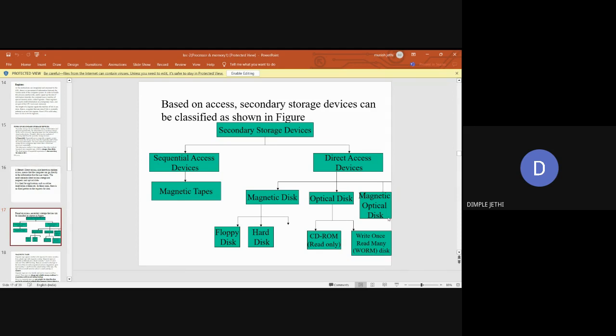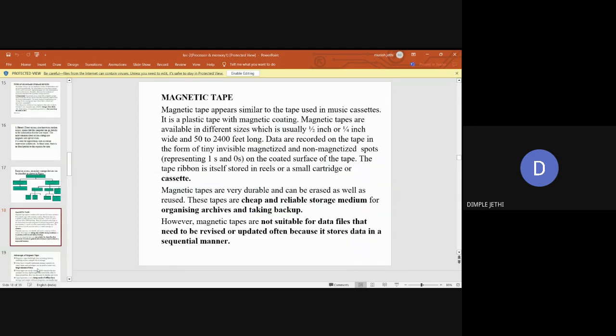Now we'll study all these devices one by one. First of all, magnetic tape.